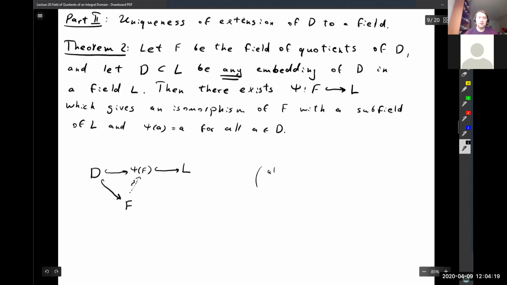Here, all arrows are injective ring homomorphisms.